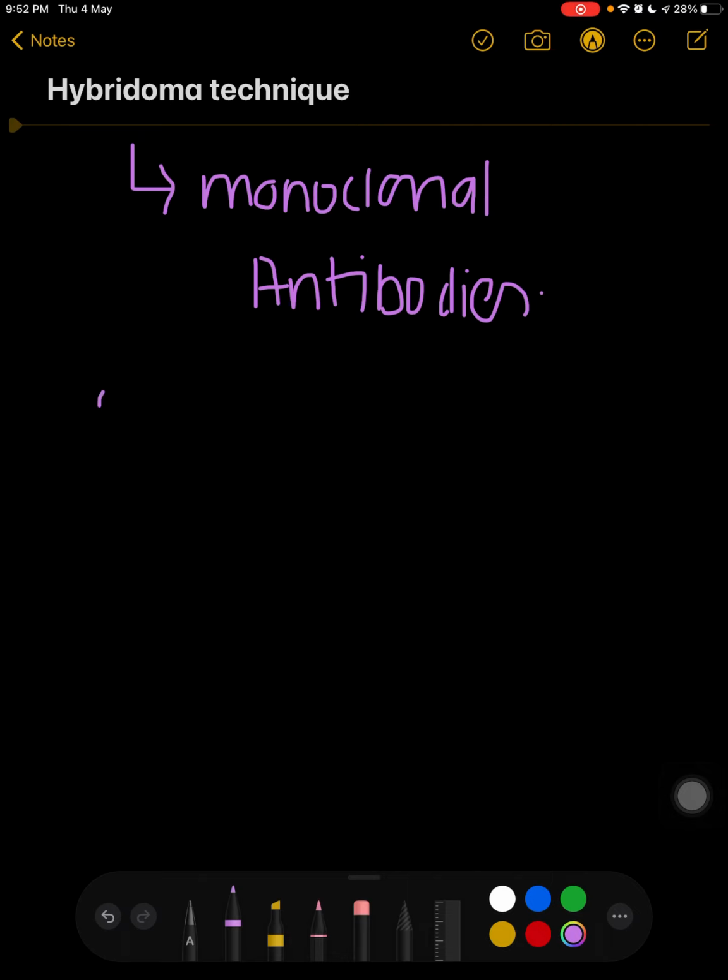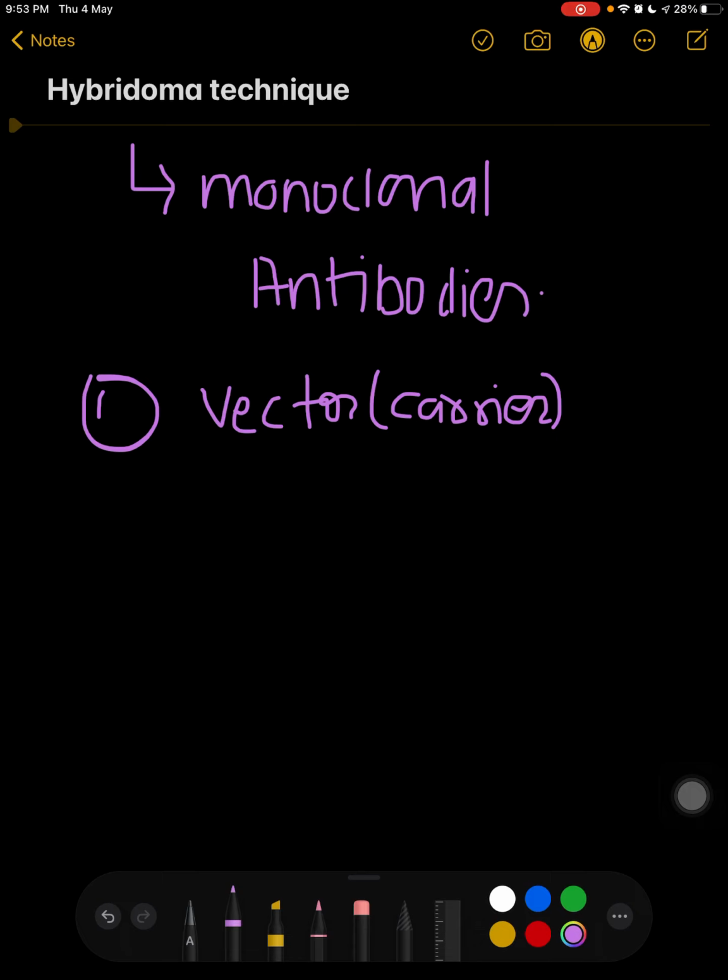So first, in order to form the monoclonal antibodies, we want an antigen. Basically we want a vector. Now what is a vector? A vector is basically a carrier. Let's directly discuss this with an example.